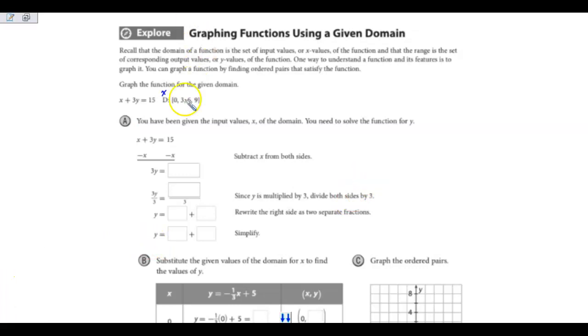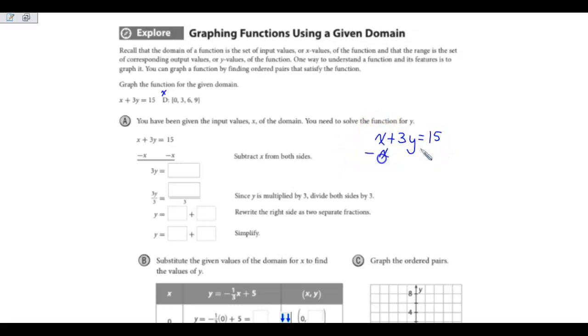Because we know that our domain is our x values, it's real easy to plug that in and solve for y. So one way to do this is to rearrange our equation so that we can get y by itself. So we're going to take our x plus our 3y equals 15, and I'm going to move this x over to the other side.